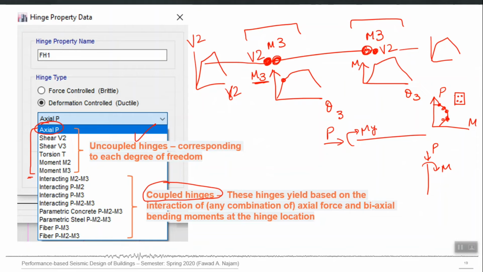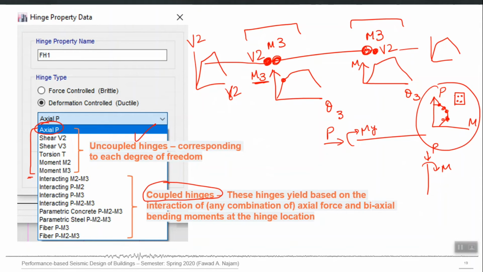That m theta curve depends on the level of axial load on your column. For higher axial load, your column will yield at a lower My, the m theta curve will be different. For lower axial load, your yield moment will be higher, as indicated by this PM interaction curve, right?